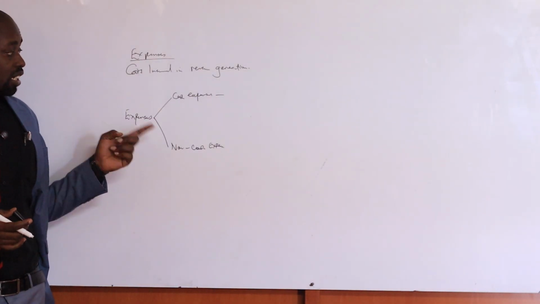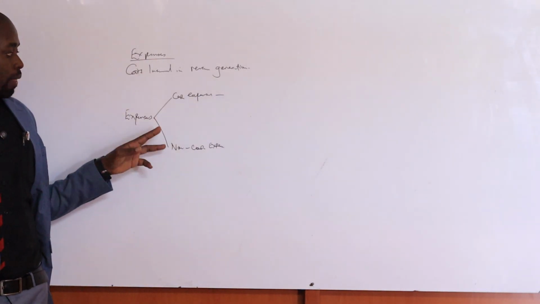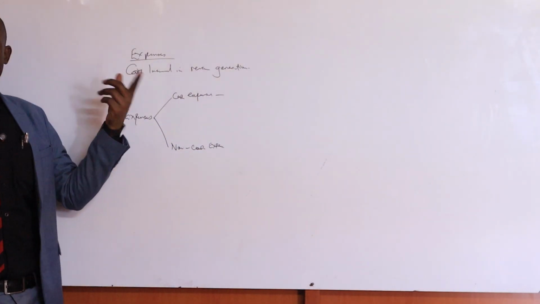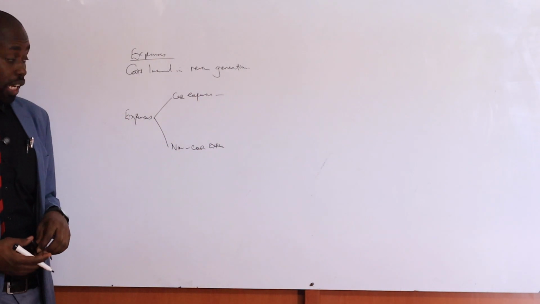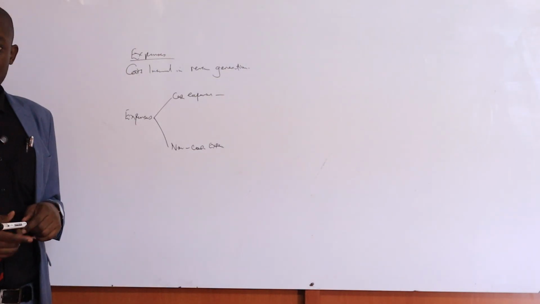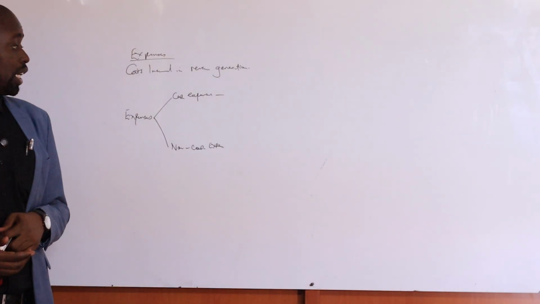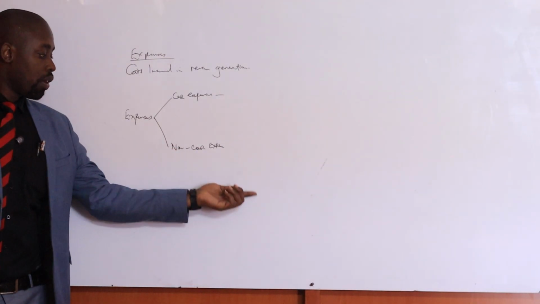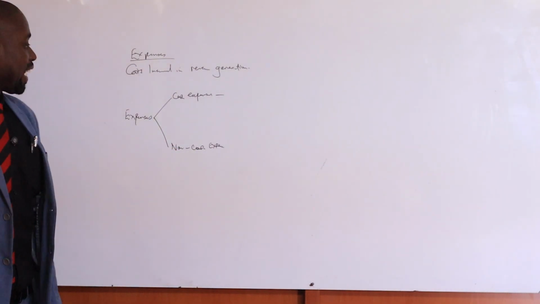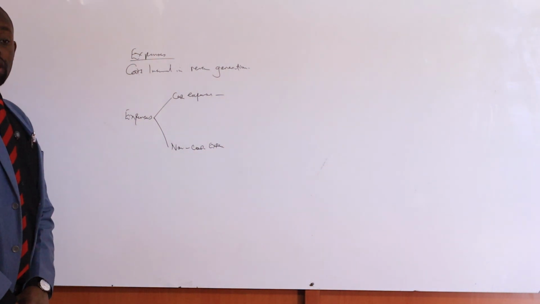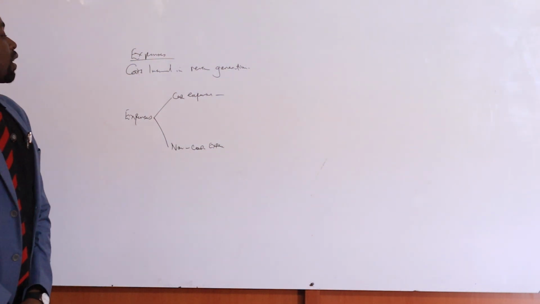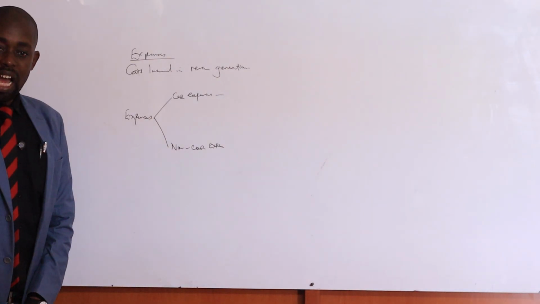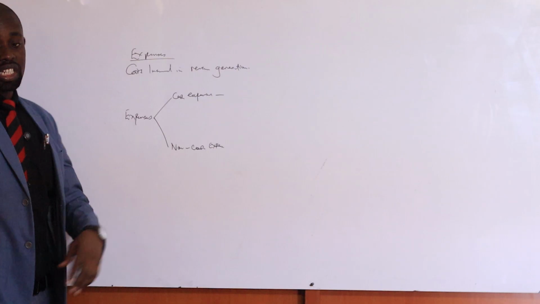That is, we can locate cash paid because of that expense. And where can we locate it? Either on our bank statement for expenses paid using checks, or we can also locate it on what? On our cash book. So any expense that we pay for, and we can prove a cash movement out of the business, is called a cash expense.